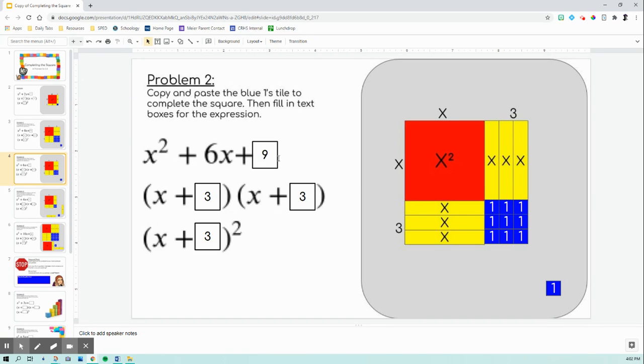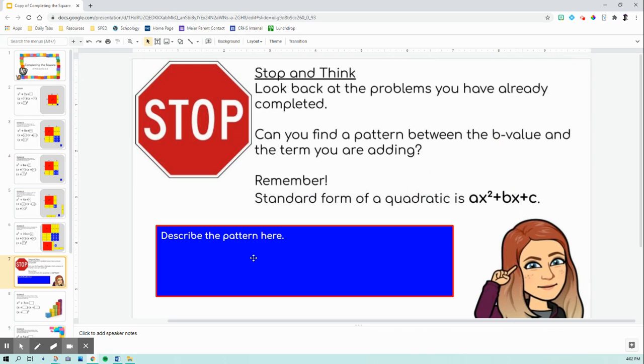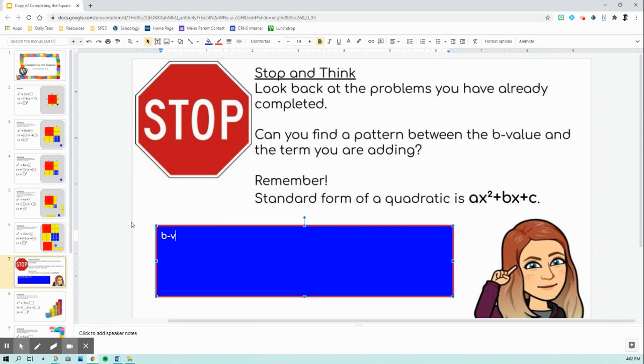But then to get this 9, we had to fill in this square, which was a 3 by 3 square. So what we ended up doing was taking this 6, we divided it by 2, and then we squared it. So that's our pattern. Every time we took our b value, divided by 2, and squared it.